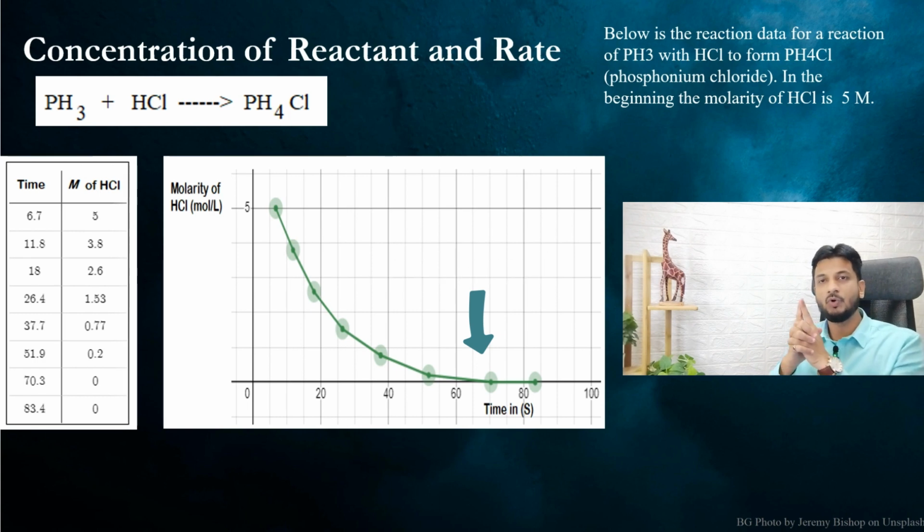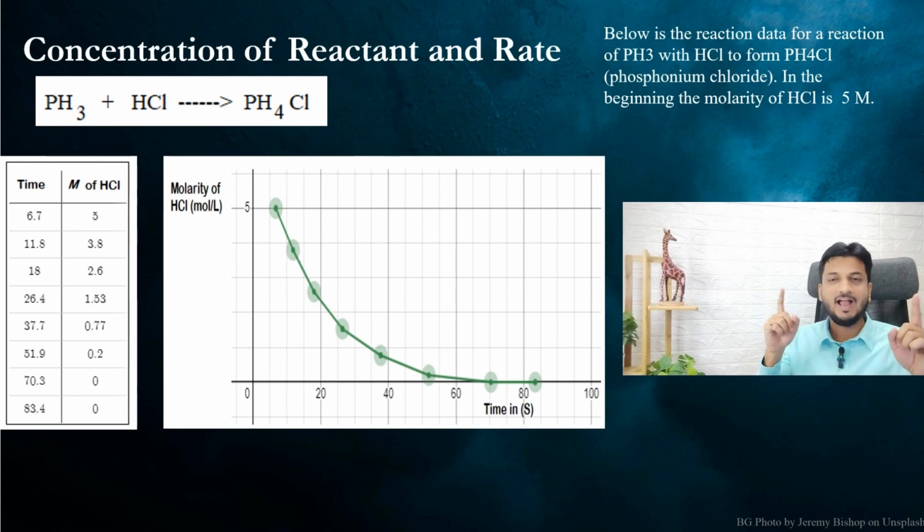Now you all know whatever happens in our world happens in chemistry. So what is the real world analogy for this decreasing concentration or also decreasing rate? As the reaction proceeds, we will see in our further slides, the rate generally decreases.